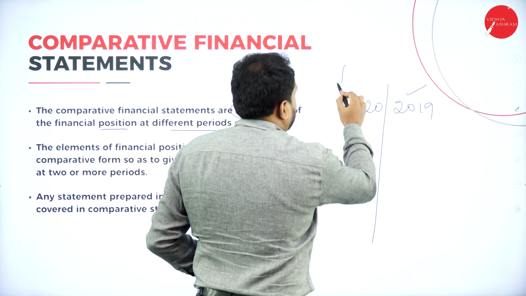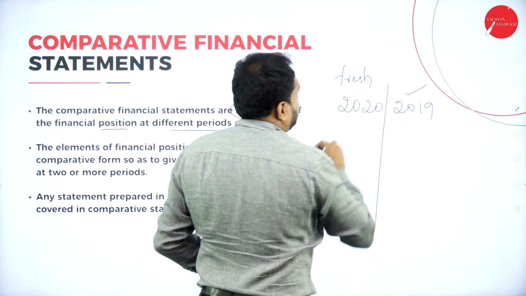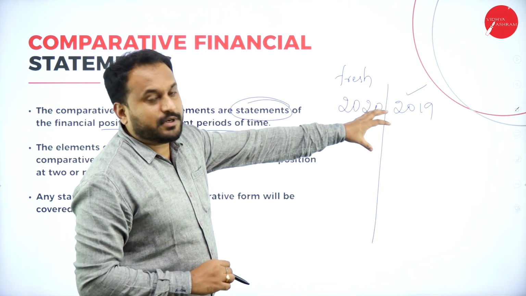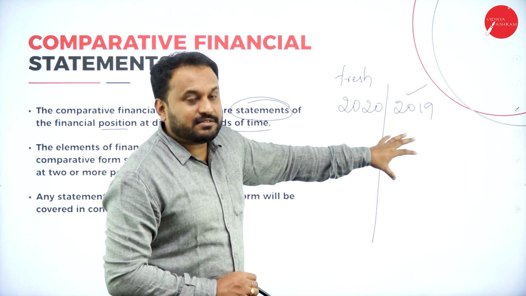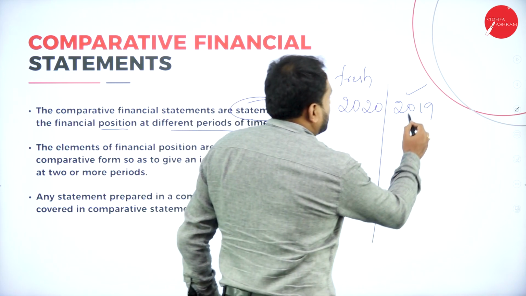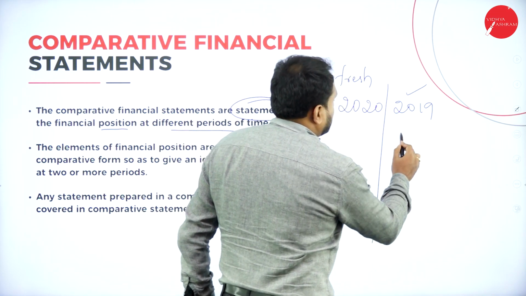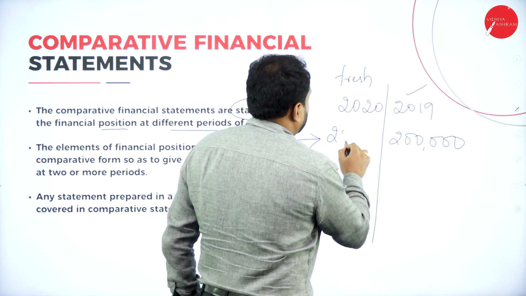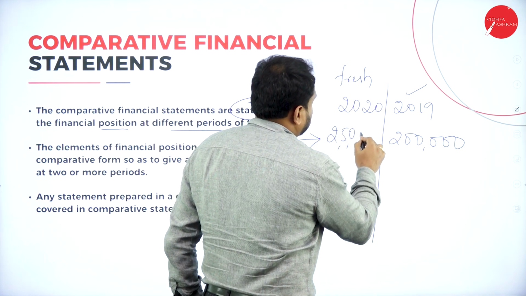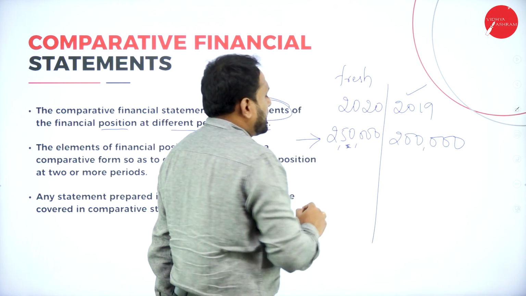This is the fresh year. According to this example, 2019 is the oldest. Now, when we go with comparative statement, we compare what 2019 had. Say here I had 2 lakh rupees. Now, here I have 2,50,000.